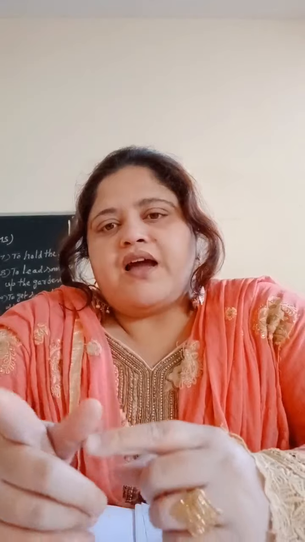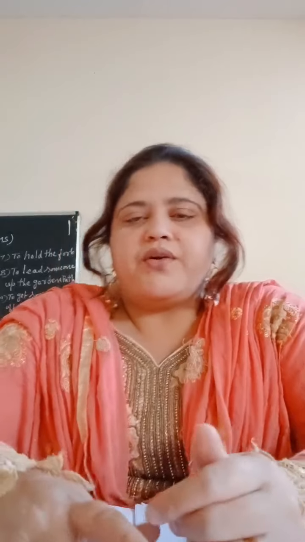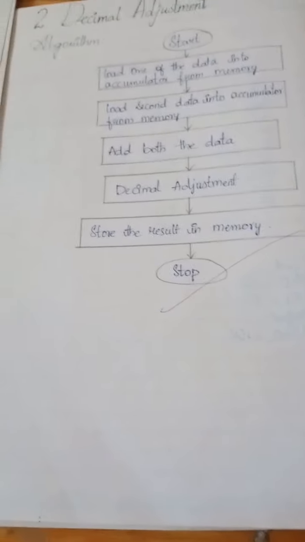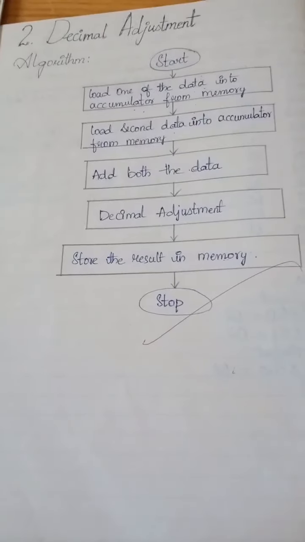For executing the program of decimal adjust, we have to go to our microprocessor kit. Before that, you should see once the program of our 8085 microprocessor for decimal adjust. Now we are starting the program execution. In the program, first we have written the decimal adjust algorithm.